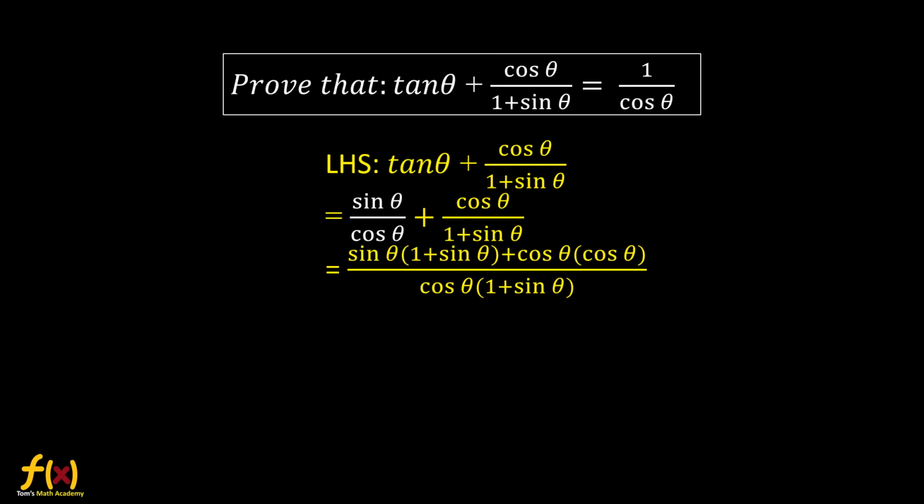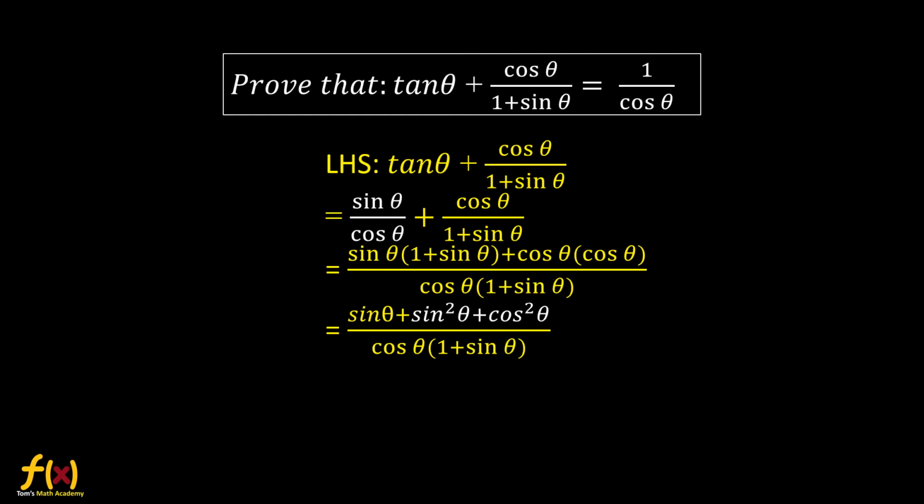LCD is cos theta times 1 plus sin theta. We simplify the numerator: sin theta times 1 plus sin theta plus cos theta times cos theta. So that is how we simplify the fractions. Now remove the bracket. We get sin theta plus sin square theta plus cos square theta.